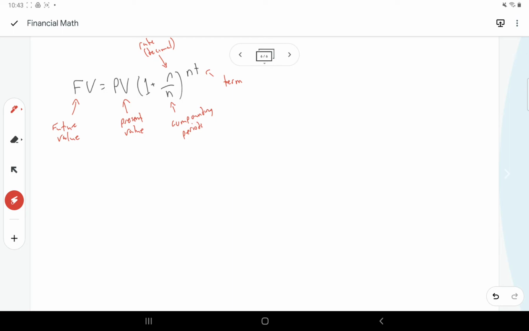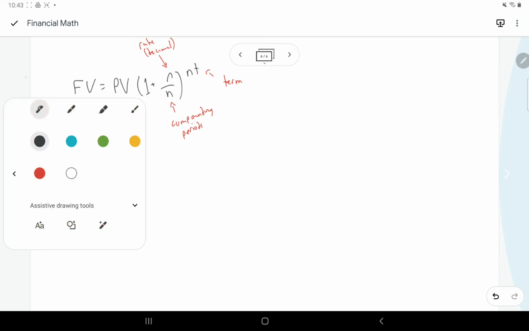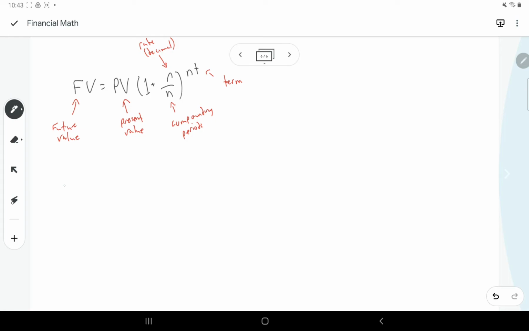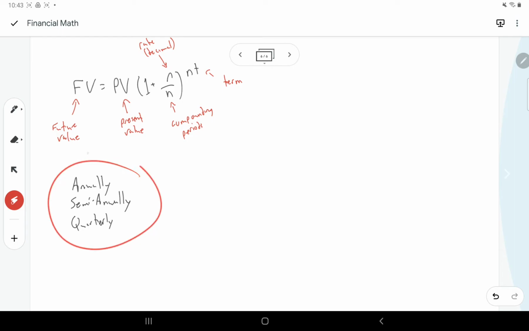Okay, so compounding periods I want to talk about a little bit. If you've ever seen an investment that is set up to be annually, or maybe you've seen semi-annually, or even quarterly, right? These are compounding periods.